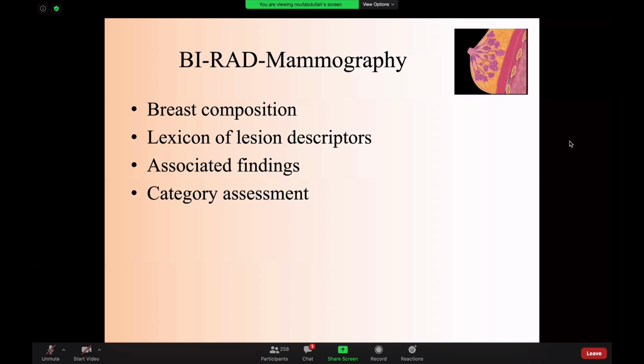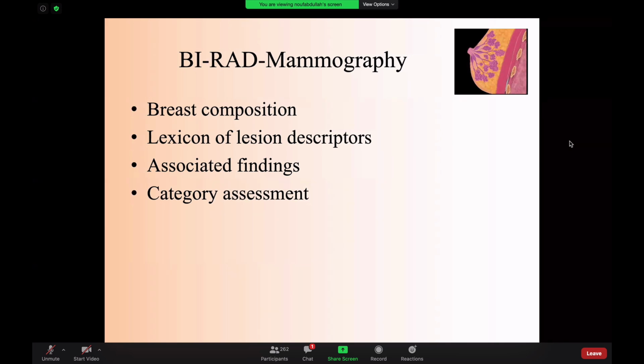So the first thing, I will go through the BI-RADS of mammography. And the first sentence in any mammogram report is that we have to talk about the breast composition, the kind of breast that you are looking at. And there is a reason for that. So we will talk about breast composition, and then we will talk about the lexicon of the lesion on mammography.